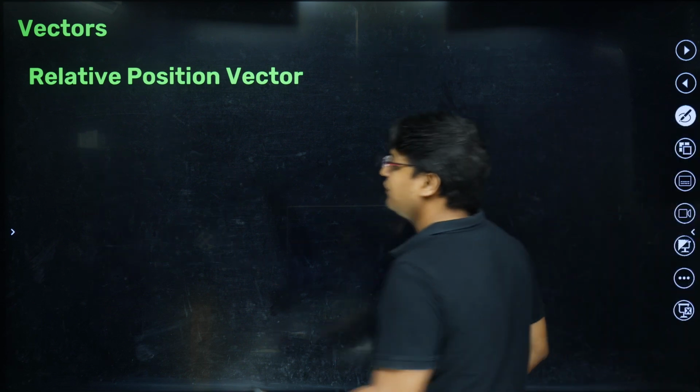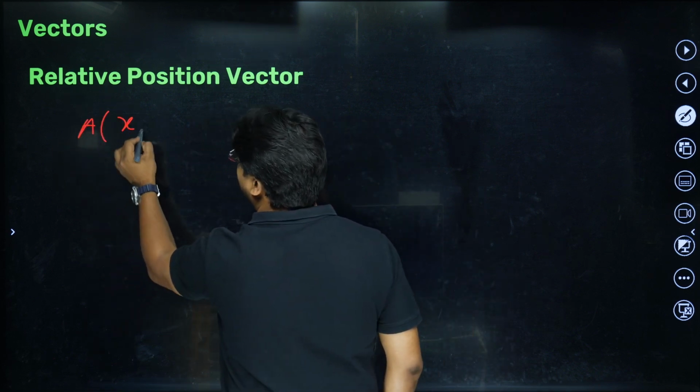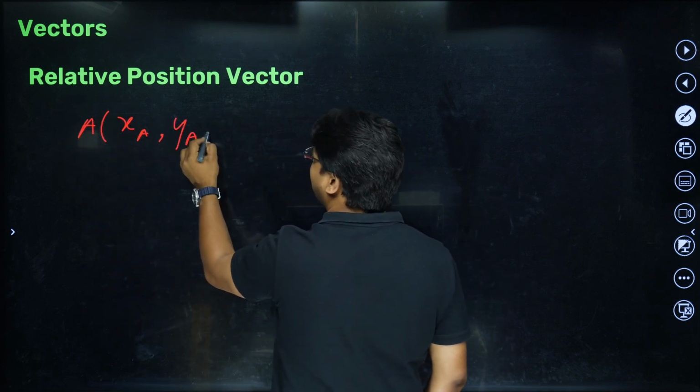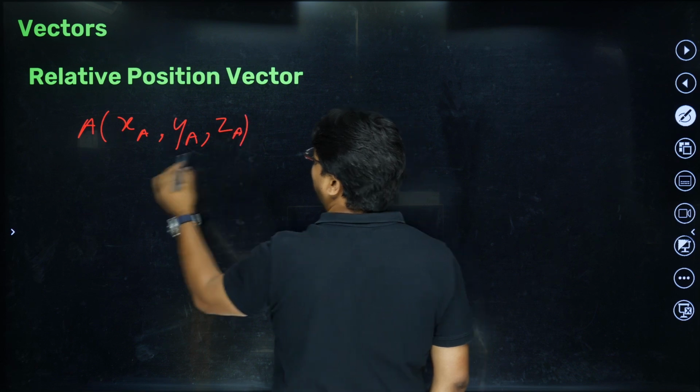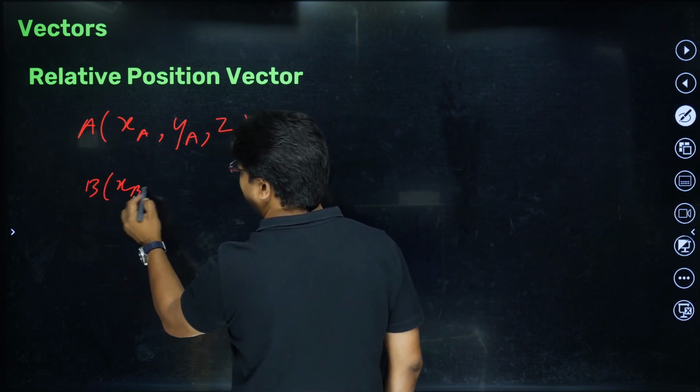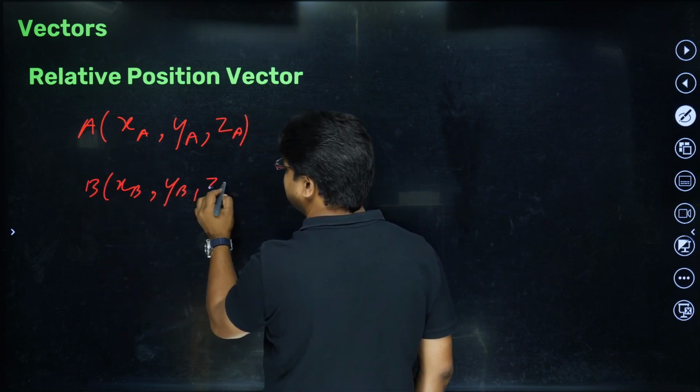Suppose point A has coordinates xa, ya, za, and point B has coordinates xb, yb, zb.